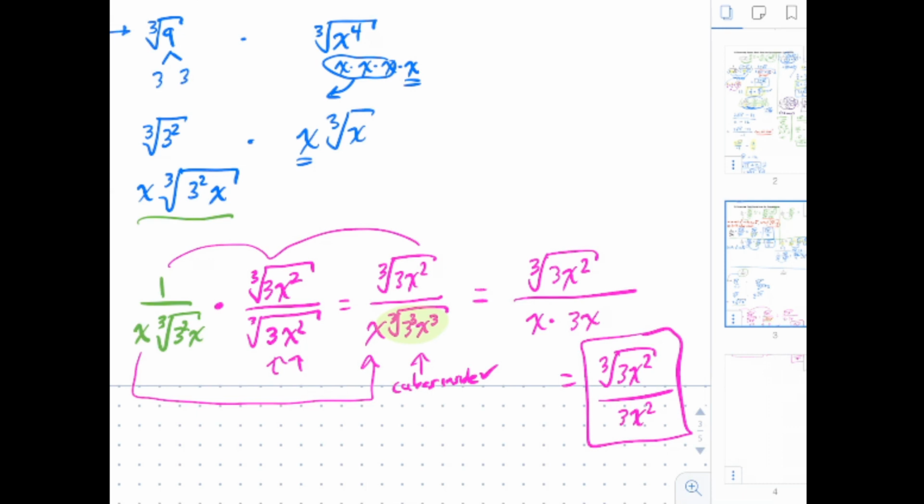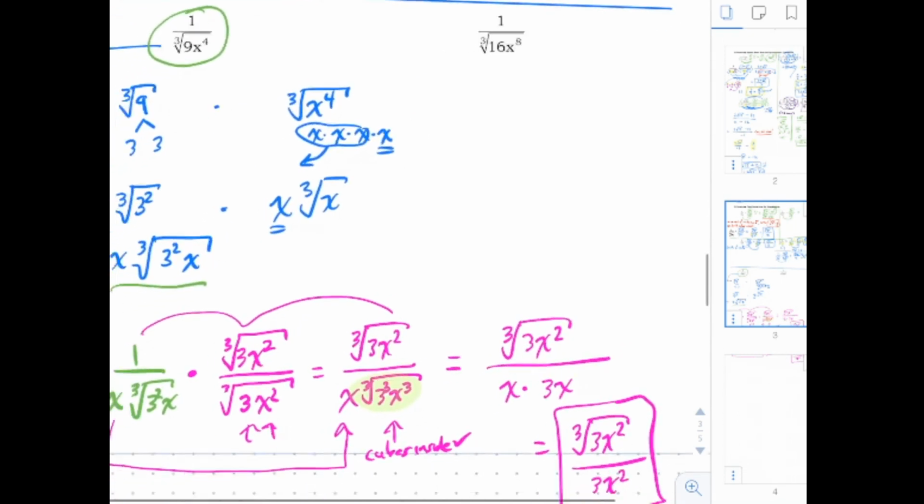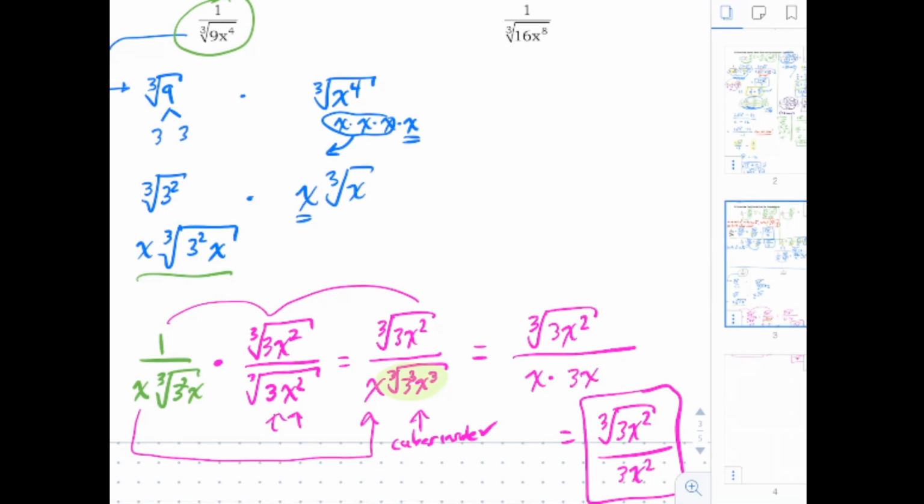Okay, leaving us with one more problem. See, the thing is I have to write so big. I think what I have to do is something like, I wonder if I could do this. Take all of this. What are you doing to me? Okay, take all of this stuff.